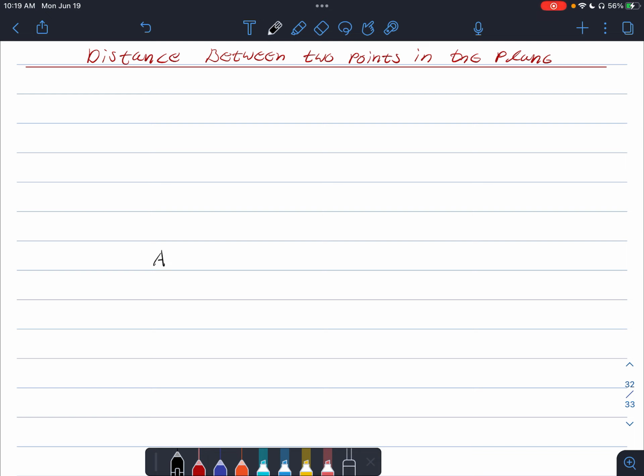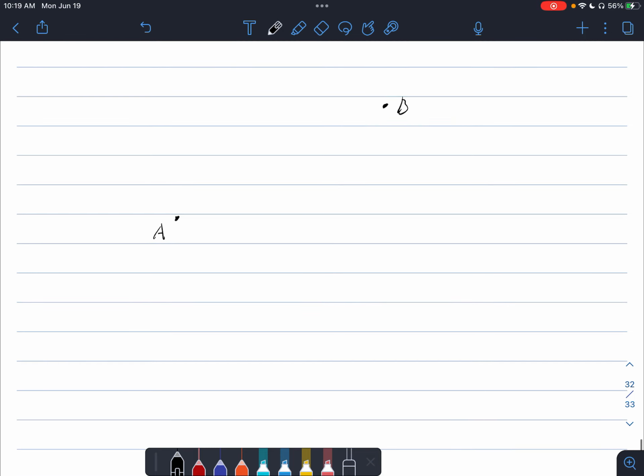And we'll have a point B here, okay? And A is represented by x1, y1, and B is represented by x2, y2. All right? And we're just going to say that the distance between these 2 points is D. And we want to find D.